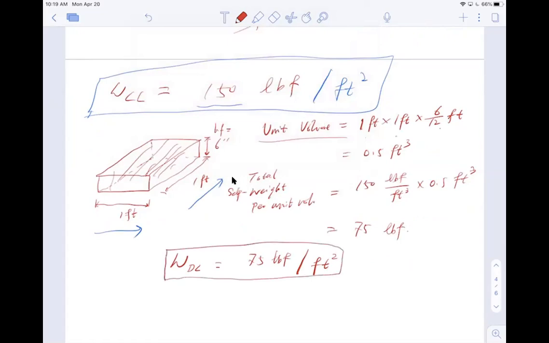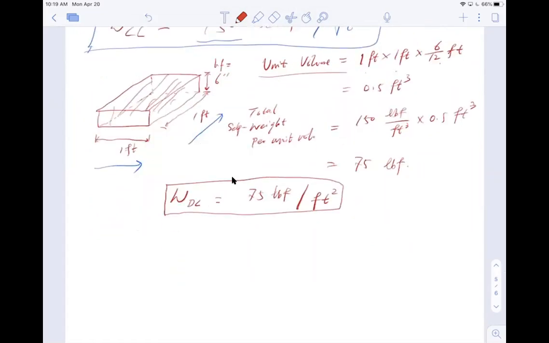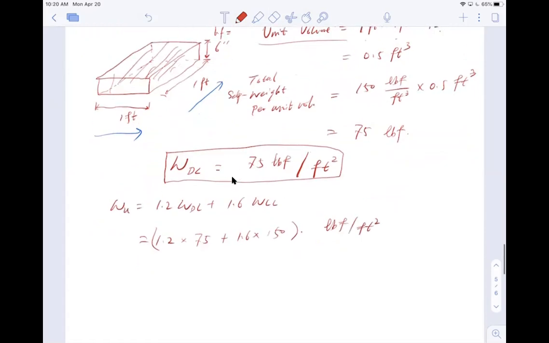Now if I want to compute a total factored load, omega u is 1.2 dead plus 1.6 live. The dead here is 75, plus 1.6 times 150, and the unit is pounds per feet squared. Let's do a simple calculation. Let me punch my calculator.